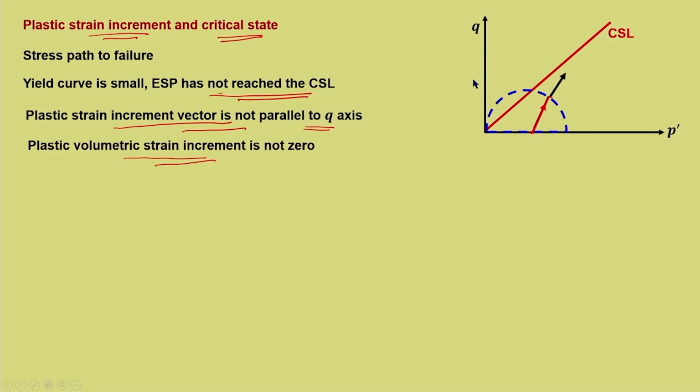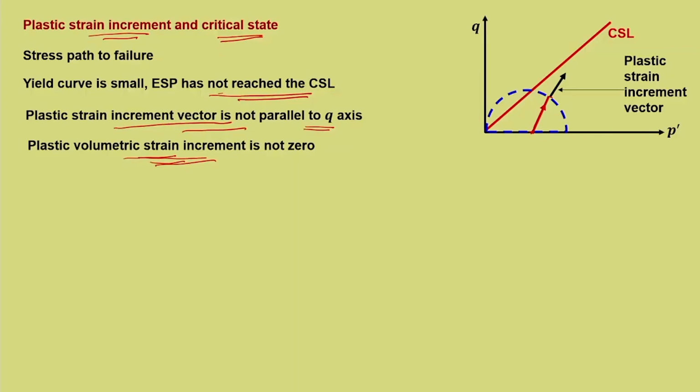If it is not parallel to the Q axis, it means the plastic volumetric strain increment is not 0. Now, what is the implication of this statement? This is the plastic strain increment vector.